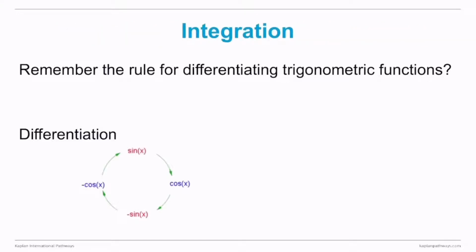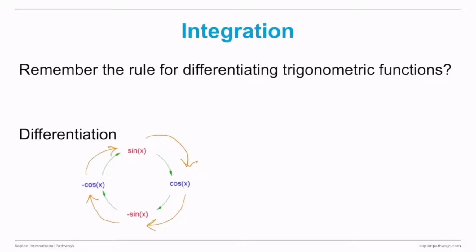You remember this is differentiation here, yeah? Remember this is the cycle for the differentiation. The derivative of the sine is cosine, and the derivative of the cosine is minus sine. Derivative of minus sine is minus cosine, and derivative of minus cosine is sine.